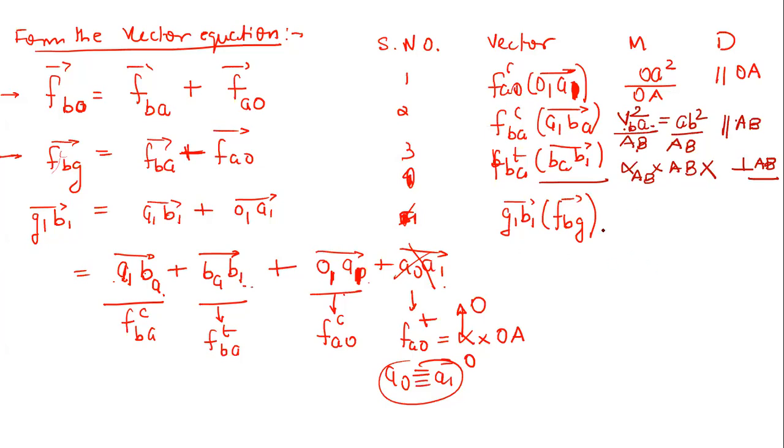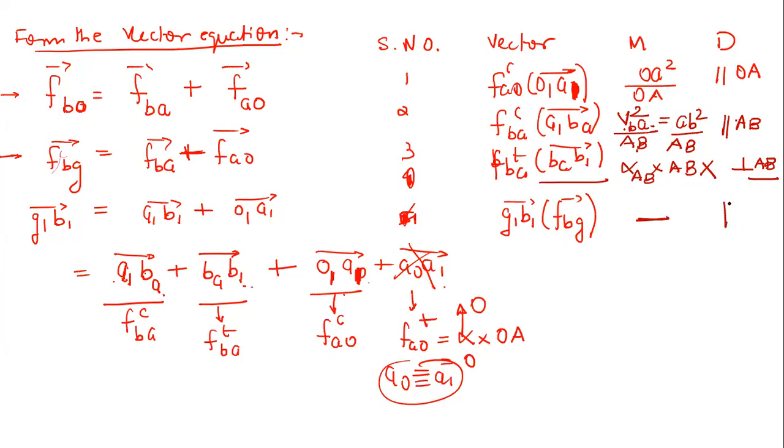Then you move to this vector, the FBG vector, the acceleration of B relative to G. This is obvious; no formula exists for calculating this, and it is not possible to find out the magnitude.